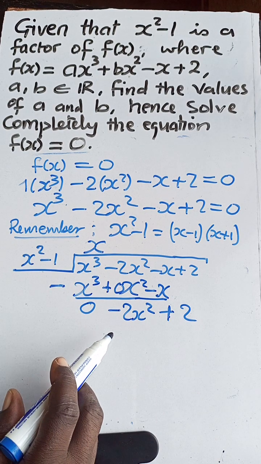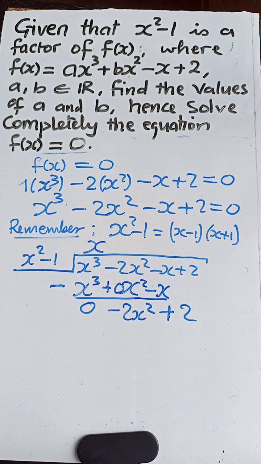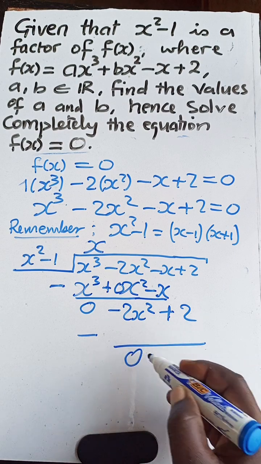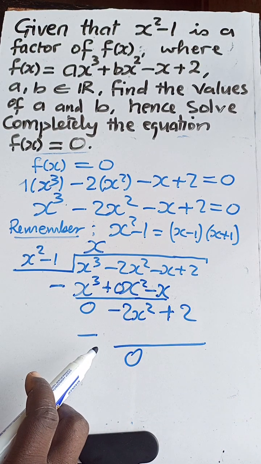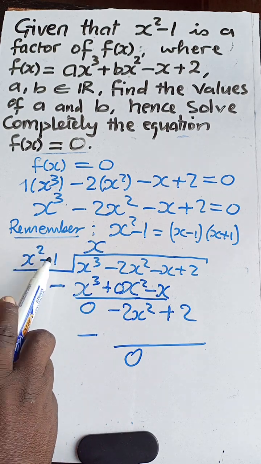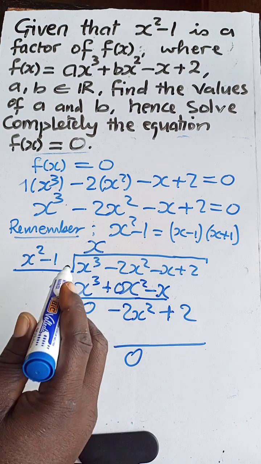So we'll carry out the same process. What should we write up here? So that when we multiply back and we carry out subtraction, we must obtain 0 for the first term of this expression. What are we going to write up here? So that when we multiply with this, we are at least going to obtain -2x squared. It should be -2.